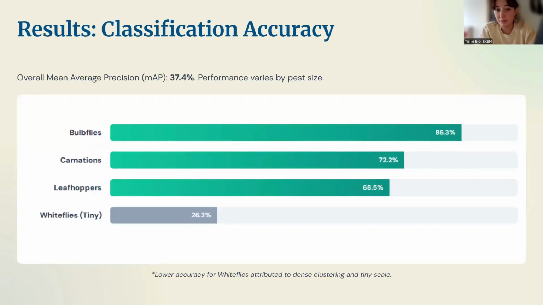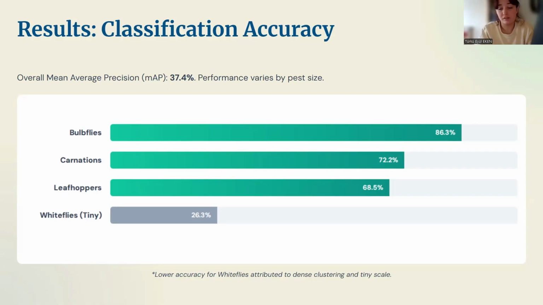Analyzing the performance, as we see here, the model achieved a mean average precision of 37.4. This seems modest, but the class-specific breakdown tells me something I have to learn. Larger insects like bulb flies achieved a high accuracy of 86.3%, and tiny pests like whiteflies had an accuracy of 26.3%.